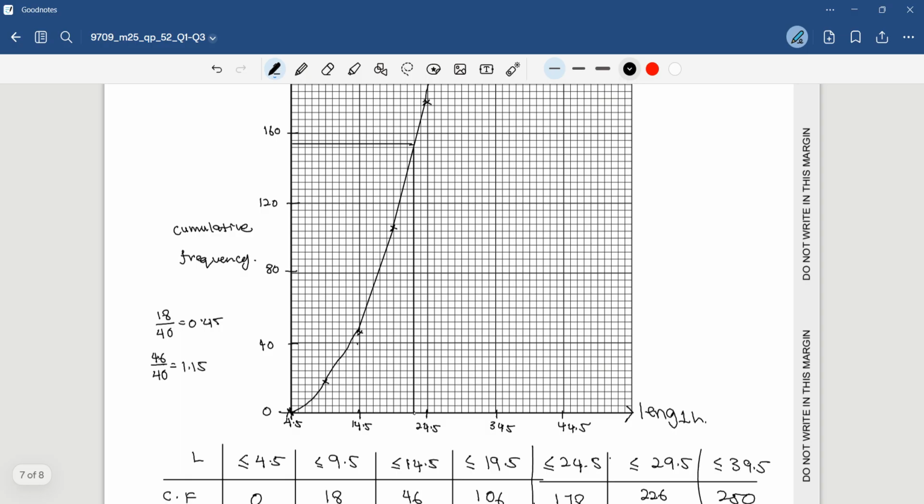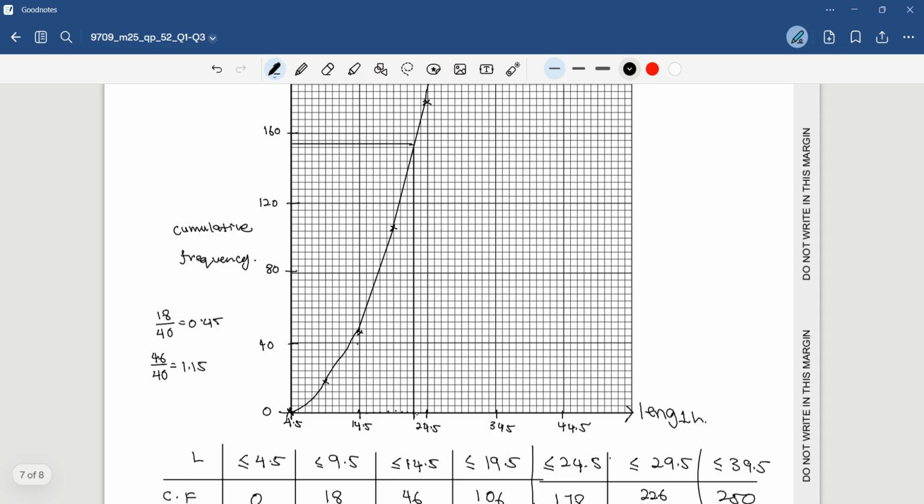Okay, this point. So from here is 10, so it's going to be 15.5, 16.5, 17.5, 18, 19, 20, 21, 22.5 approximately.